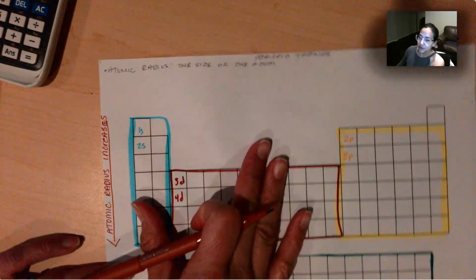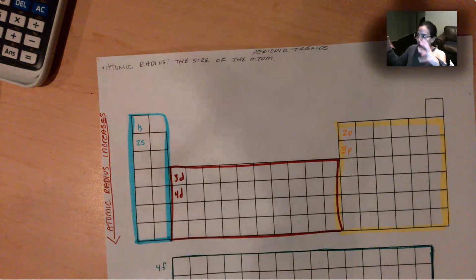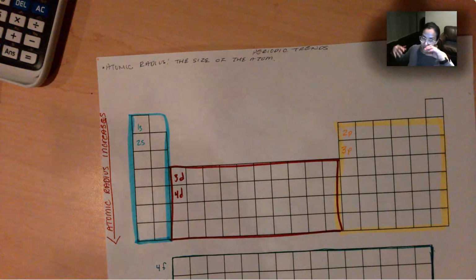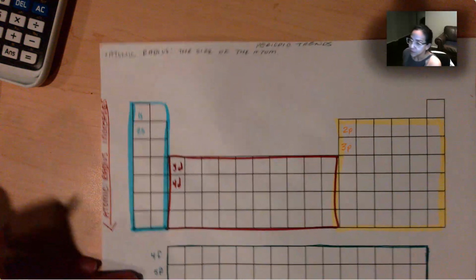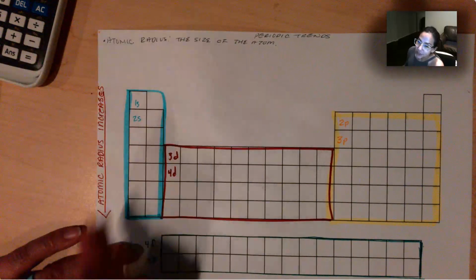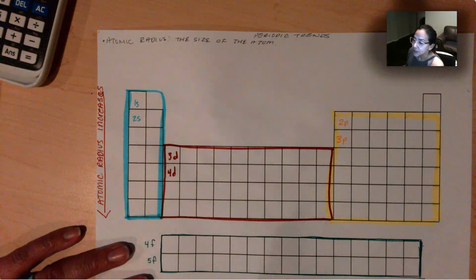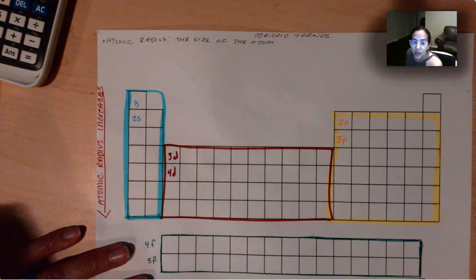It's like you put on a sweater, then you put on a jacket, and then you realize that you're still cold, so you put on another layer, and next thing you know, you look like a little puffball, because you're full of layers. So atomic radius increases as you go down because we're adding more energy levels, which is the same as layers.